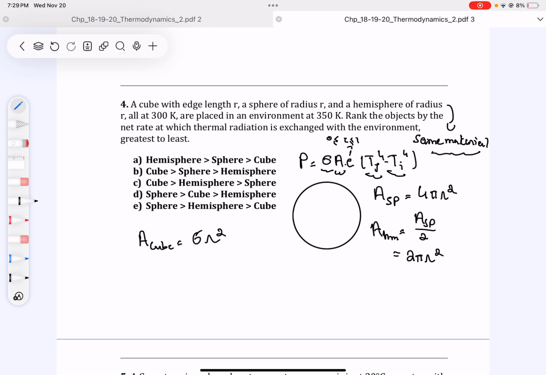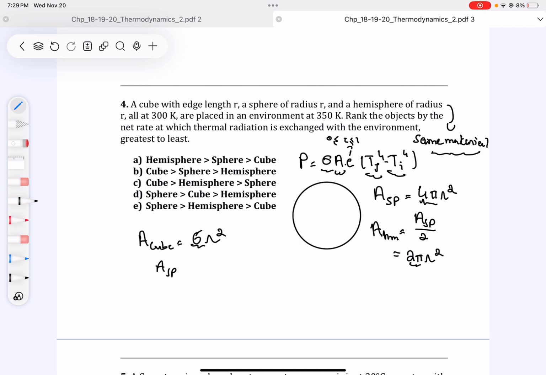What do we have here? Area of sphere, 4 pi r squared, is approximately 12 point something r squared. Here, this is 6 point something. And this is 6. Then, from greatest to least area, we have the sphere, after that the hemisphere, after that the cube.